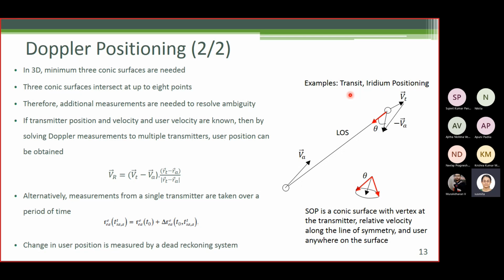So using just one satellite over a period of 30 seconds, we can get 30 to 100 meters 3D position accuracy. Here, from the same transmitter we are stacking measurements over 30 seconds, and by processing them we can get 30 to 100 meters accuracy.